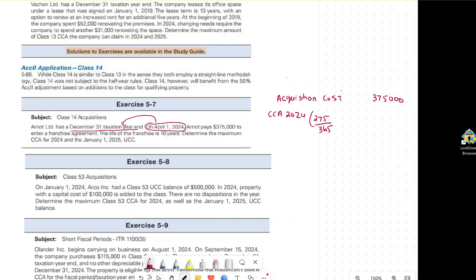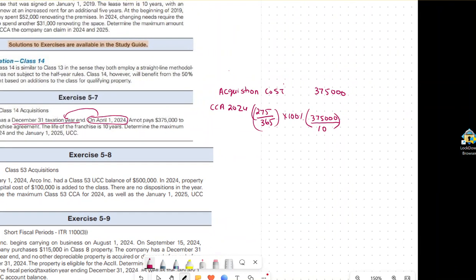When you're depreciating the asset, we are allowed to take 100%, and the cost of this asset, the franchise, was 375,000, and it's a limited life. If it's a limited life, I divide it by 10. What do I get? I get a CCA.